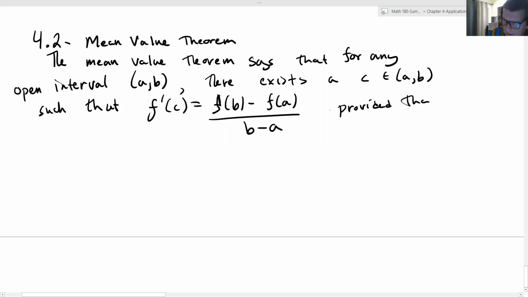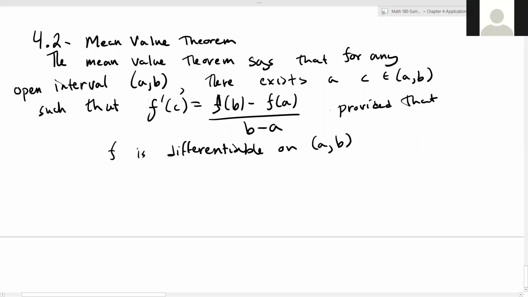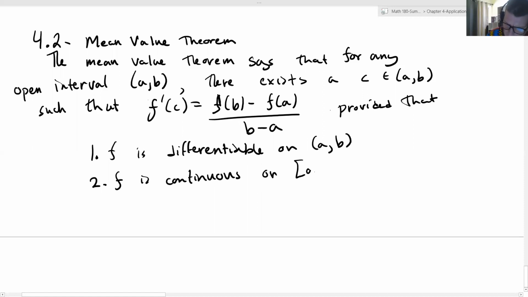Provided that we have these things be true: one, f is differentiable on the open interval a to b; two, f is continuous on the closed interval a to b.